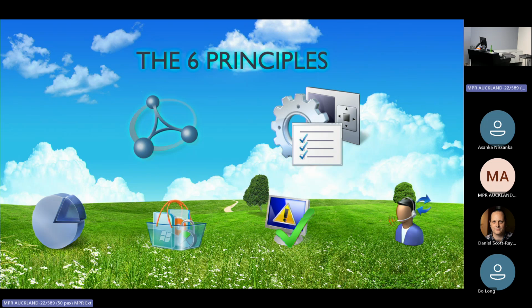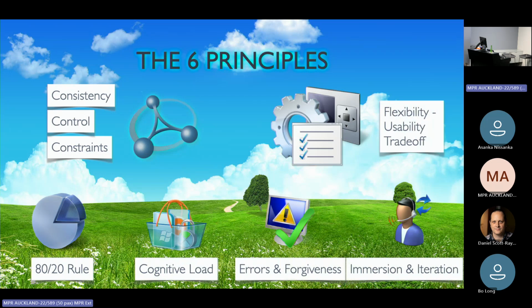Errors and forgiveness. Yep. What is our complicated thing? Flexibility, usability, trade-off. And what is our very engrossed person? Flow state's a good way to remember it. Immersion and iteration. So if you're going to take a picture to remember the talk, now would be the time.